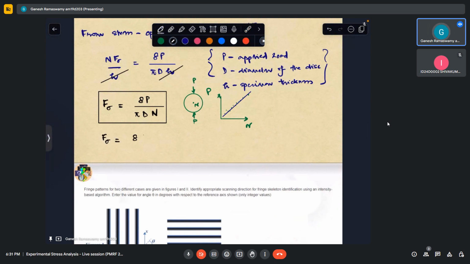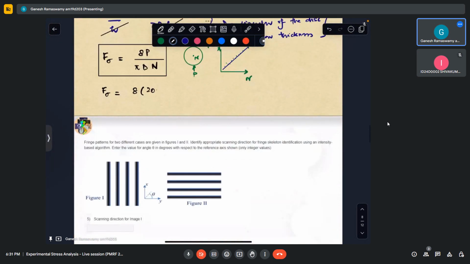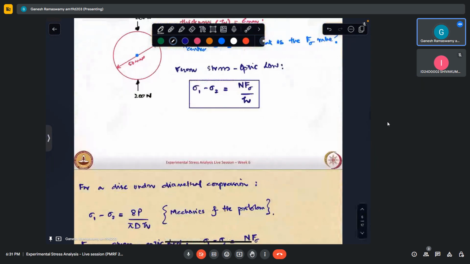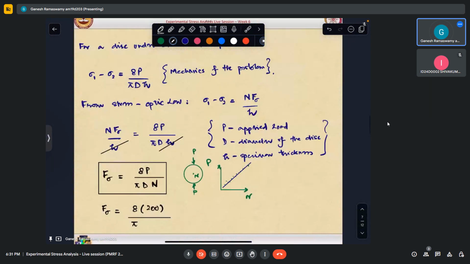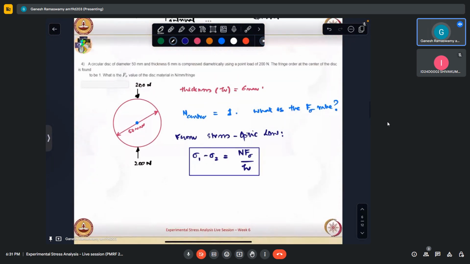what does f sigma come out to be? 8p. What is p? It is given in the question as 200 Newton by pi. D, the diameter of the disc, is 50 mm, and n is not Newton, n is the fringe order. So at the center of the disc, the fringe order was found to be 1. This is given in the question. Maybe they might have done some compensation technique in order to find that out, but that has not been given.